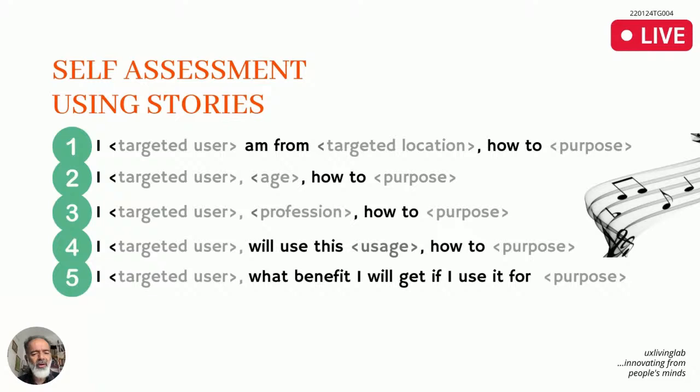And usage, whether a heavy user, a medium user, or a light user, also gives different factors of user experience, because one person is using a car every day for commuting, and another person is using the same brand of car only for weekend travel. So that's one of the important variables for user experience. Then benefits are also variables.